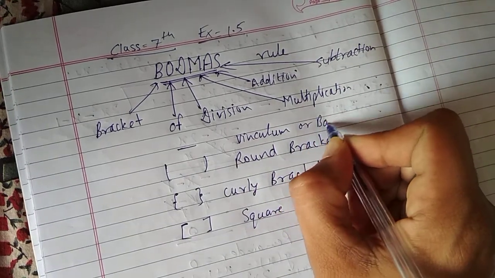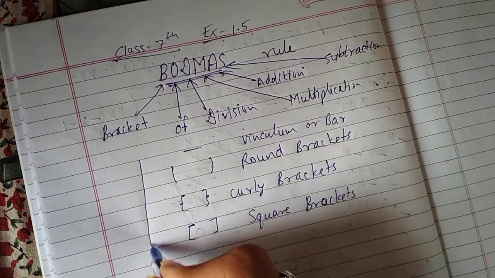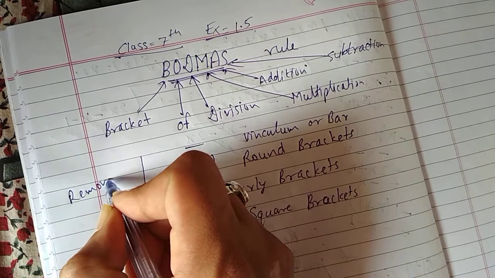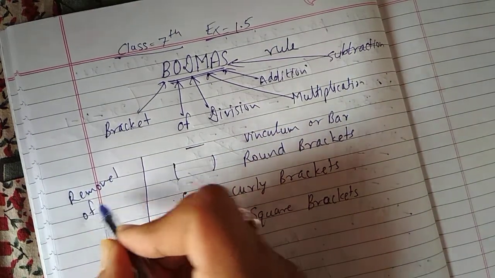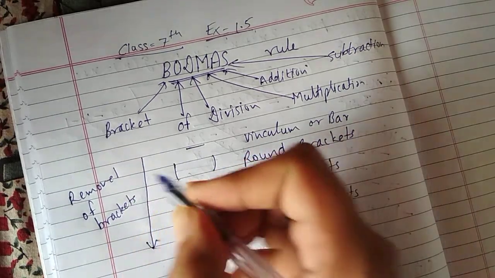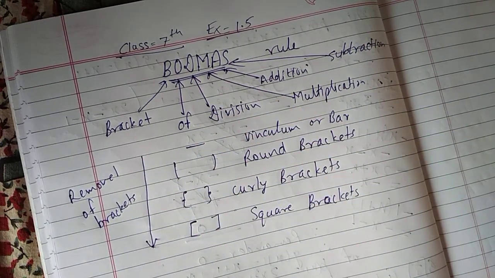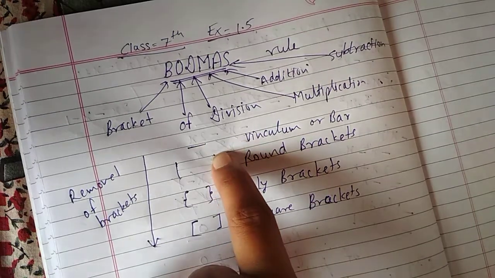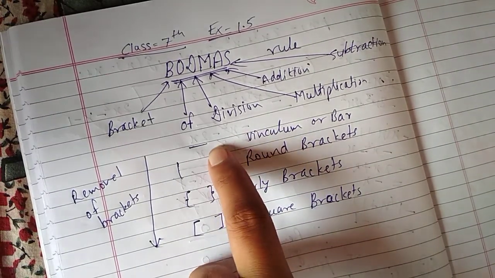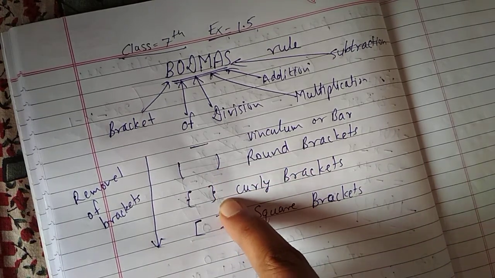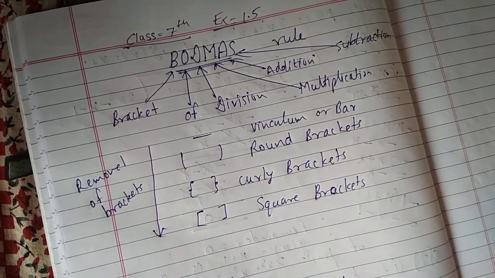This is the order of removal of brackets. That means first we have to solve the brackets. The order of removal of brackets is first removal of vinculum or bar, then round brackets, then curly brackets, and the last square brackets.